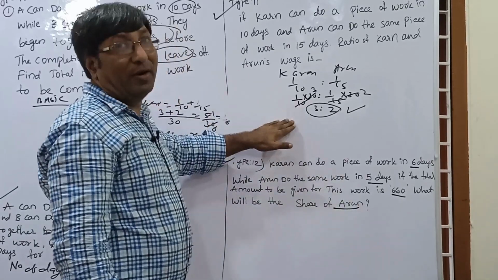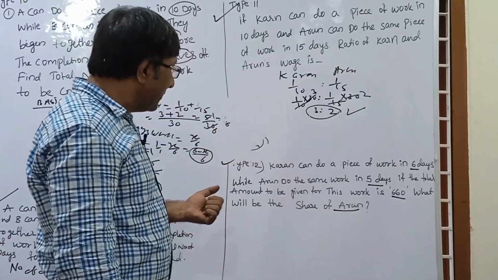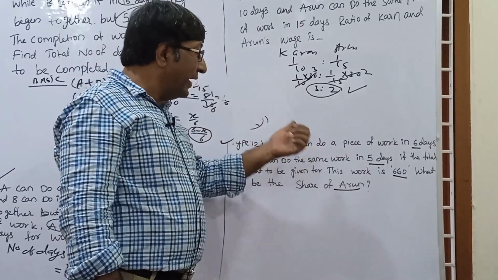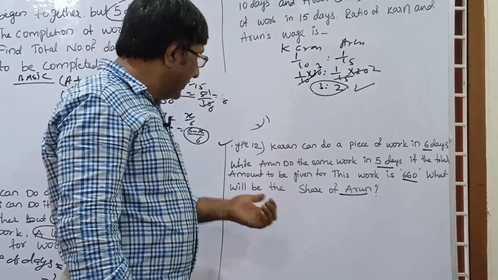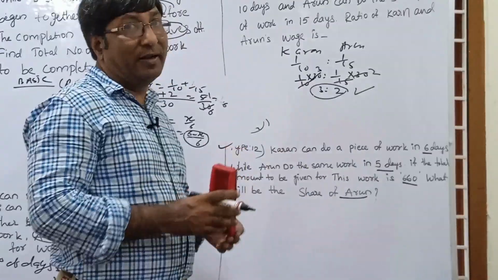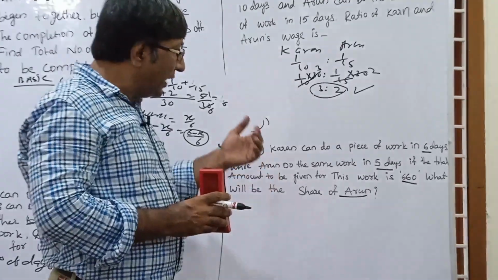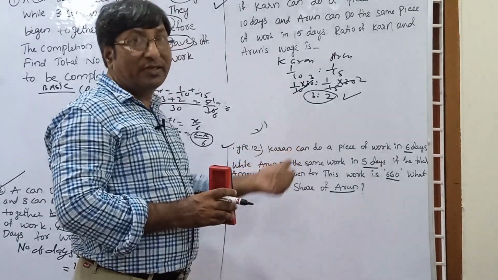There we found only the ratio of wages. Now here the amount is given. That means they have done the work together. So if both have done the work, what will be Arun's share in this amount of 660?